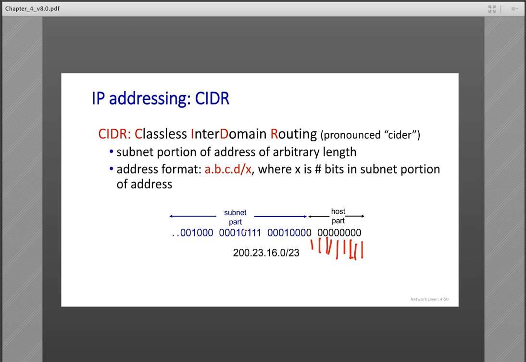This is the binary notation. If I try to write it in decimal notation, I should write it as 200.23.17.255 /23.